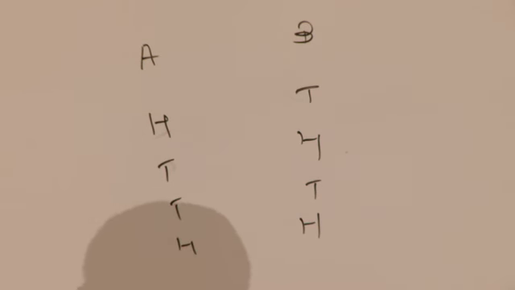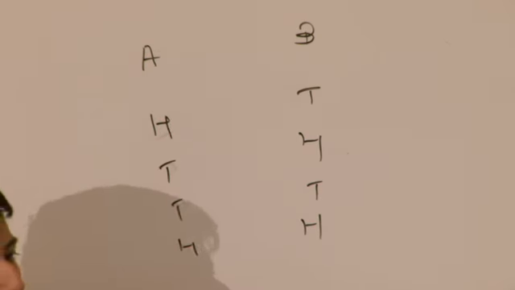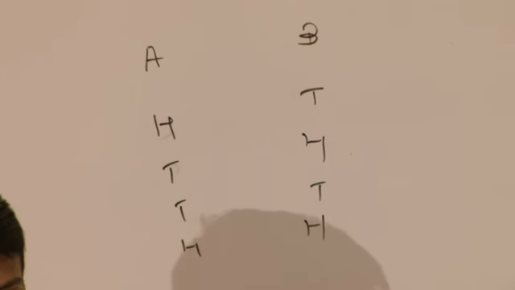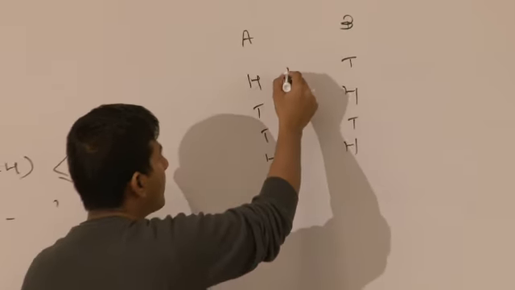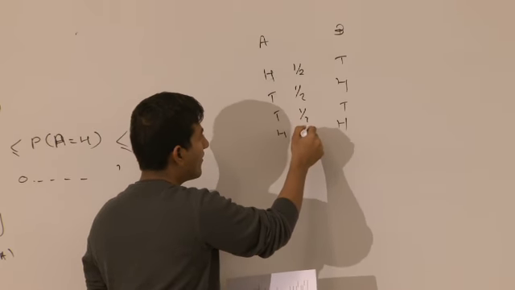We know A can take H with probability, assuming it's unbiased, one half. All these are going to be half.